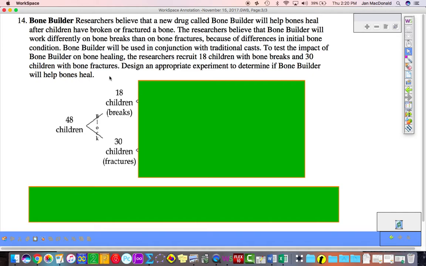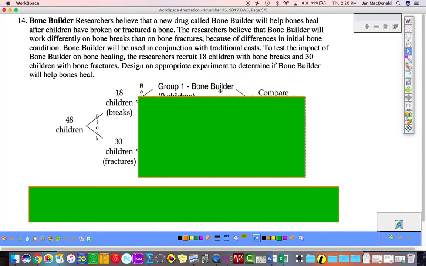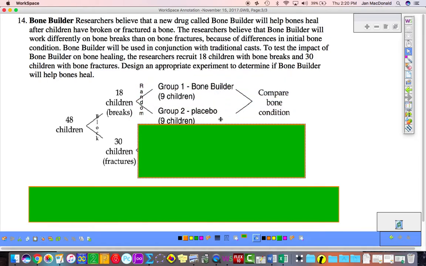So what's going to happen? Let's take a look at these 18 children. We're going to use a computer and assign random numbers to these children, and we're going to generate 9 random numbers, and those kids are going to get Bone Builder in a traditional cast, and the other 9 children would get a placebo in a traditional cast.